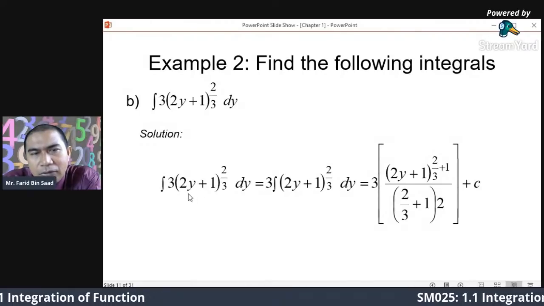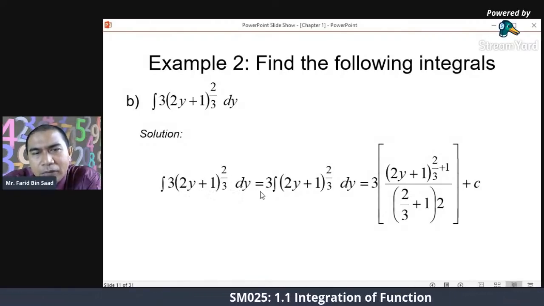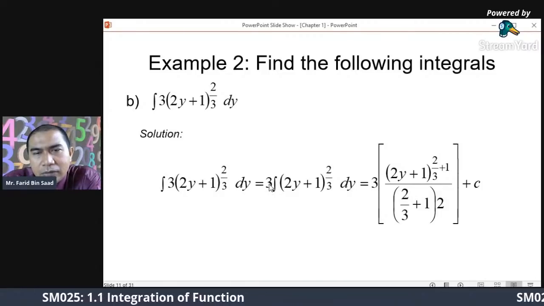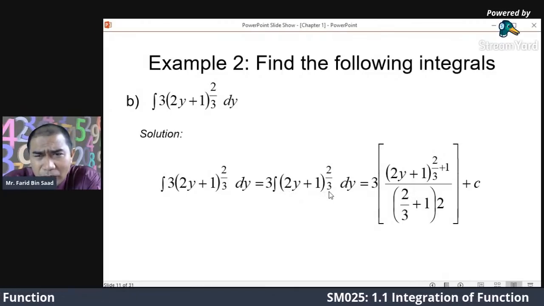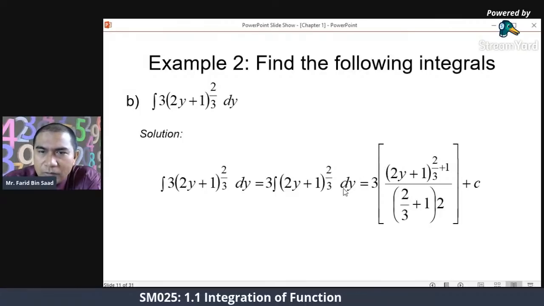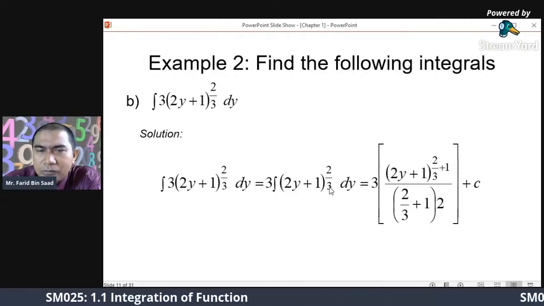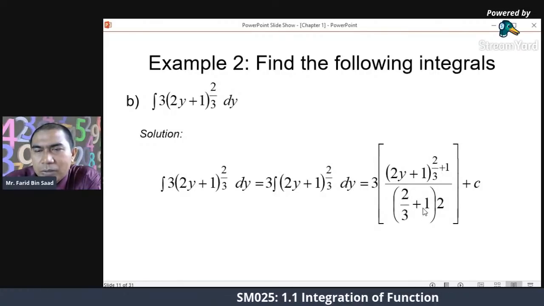So 3 times 2y plus 1 power of 2 over 3 dy, we can bring 3 outside of the integral symbol, and then we look at the power, and we can use the second rule, that is 2 over 3 plus 1, and then divide by 2 over 3 plus 1.